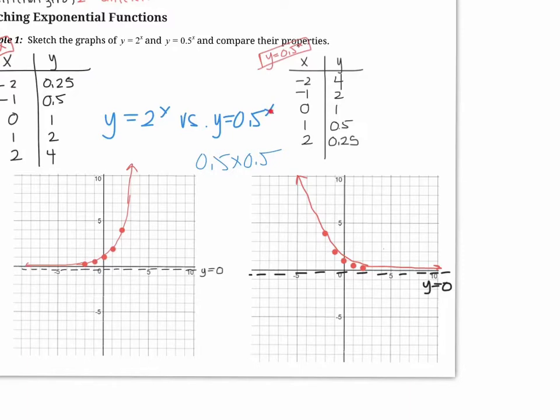As I keep multiplying this number to the power of 3, 4, 5, 0.5 keeps multiplying by itself, and the numbers get smaller and smaller. So the conclusion is, if we call b our base, if our base is greater than 1, then the graph will be increasing.